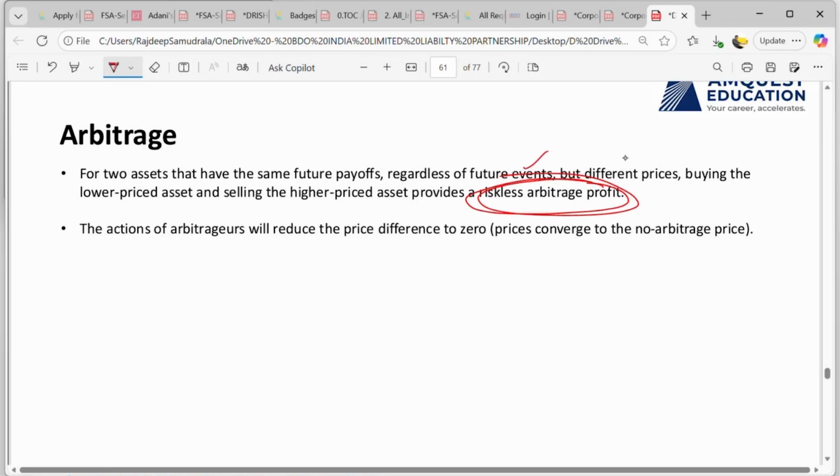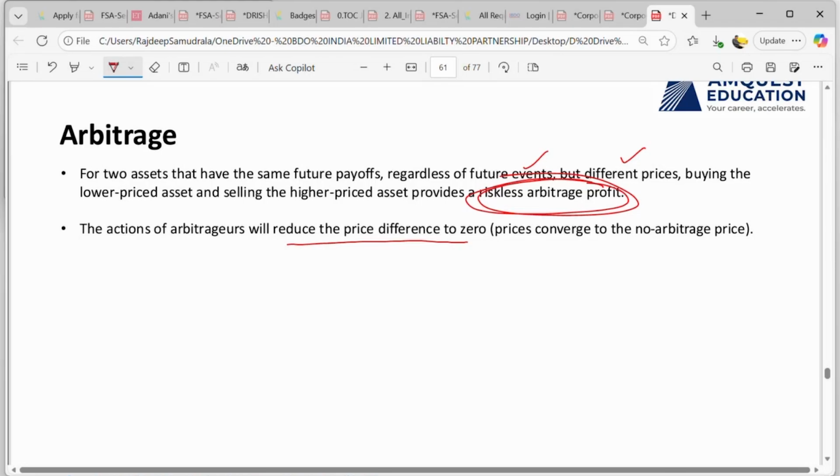So when there is an opportunity to make riskless profit, that is called arbitrage. Now, who are arbitrageurs? The people who try to exploit the opportunities. They will reduce the price differential to zero. Suppose, for iPhones, there's a huge opportunity, then people start buying from Dubai, get to India, sell. When that starts happening, Dubai prices go up, India prices go down, because India has the most sale, Dubai has no sale.